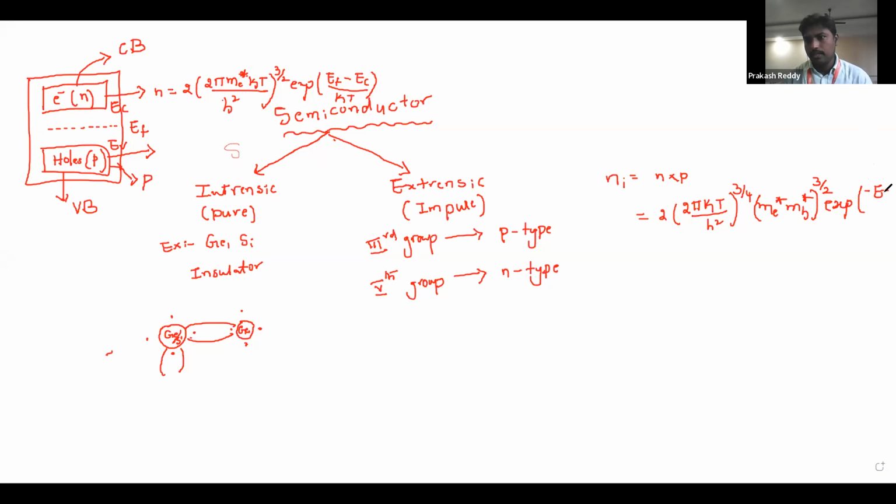Minus Eg by 2kT is the formula to find the intrinsic carrier concentration. And this is the equation for the number of electrons in the conduction band.